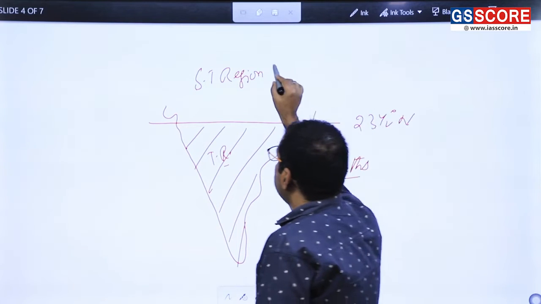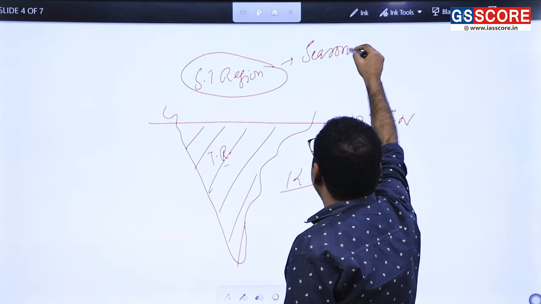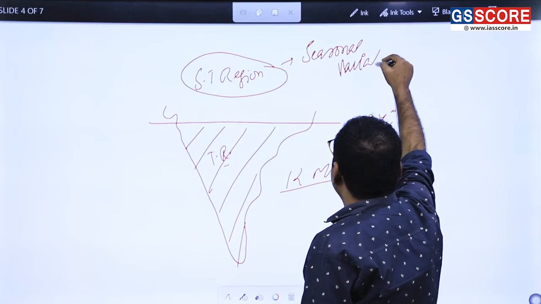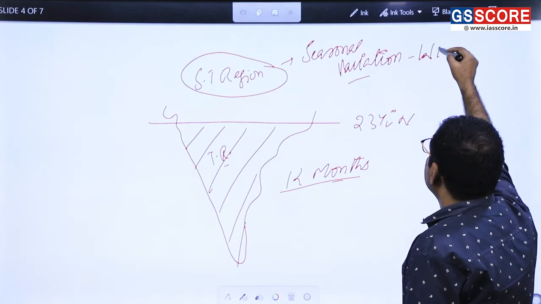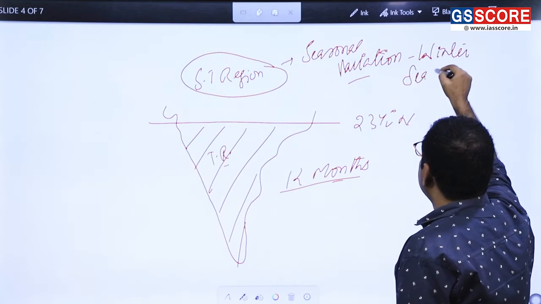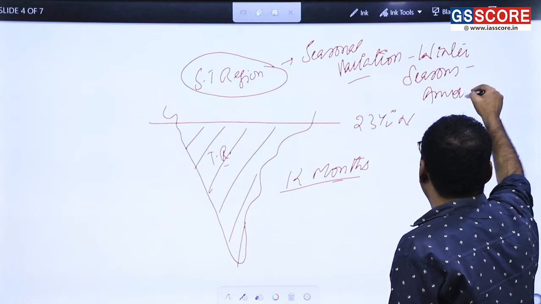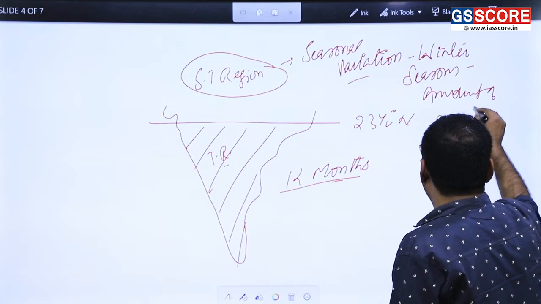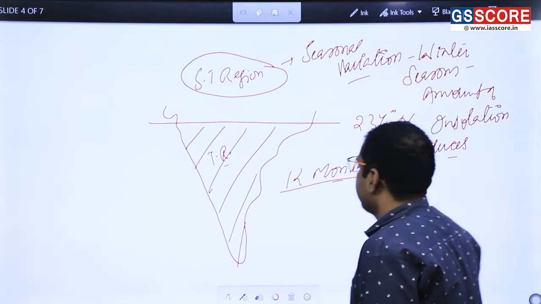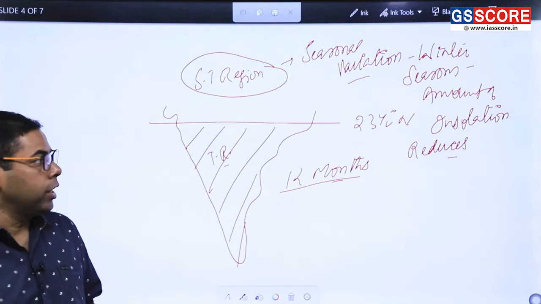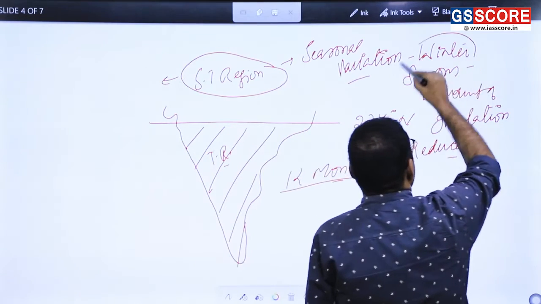But subtropical areas have seasonal variation. Seasonal variation means that during the winter season the amount of insolation reduces, so there is a relatively seasonal scope.